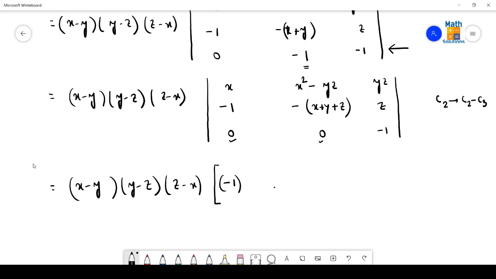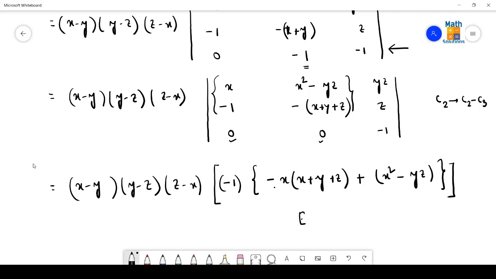With this, the determinant of these four terms will have to be taken into consideration, so that the terms come like this: minus x into x plus y plus z, then after minus minus plus it will be x square minus yz.